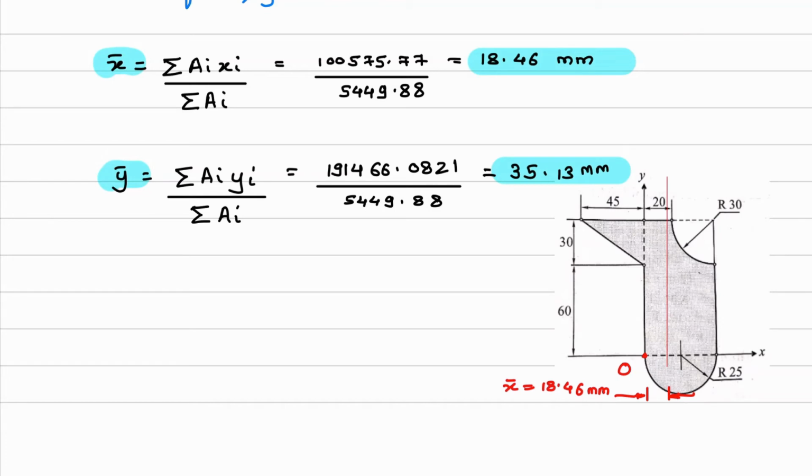Next, y bar, it is given as 35.13. We calculated, so 35 means up to this we have 60. So this is center 30 and 35 will be above this. So we will mark.